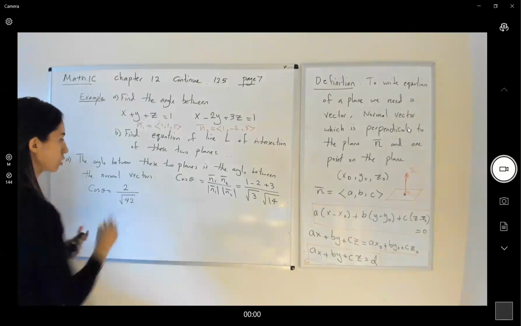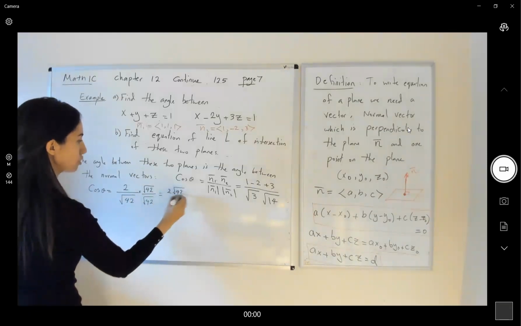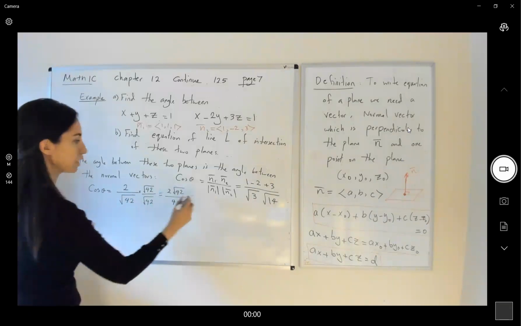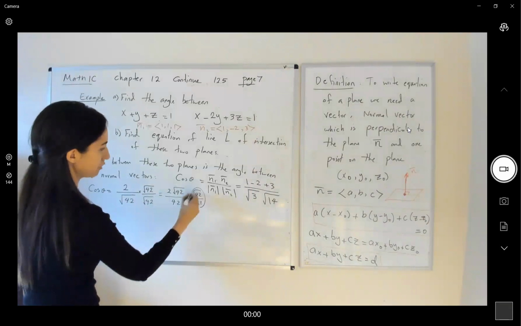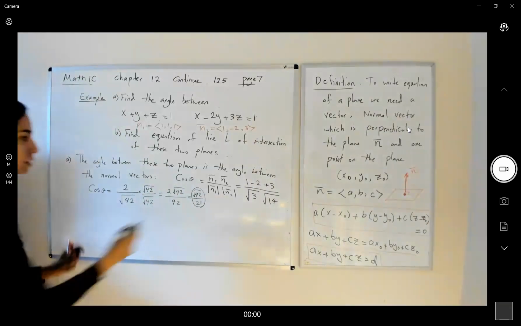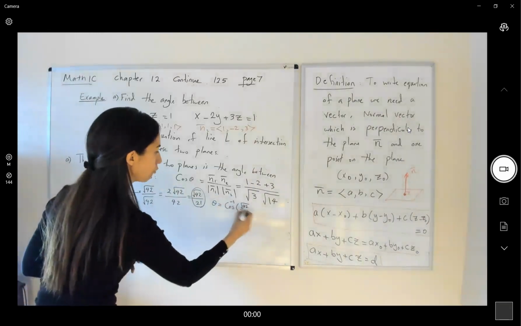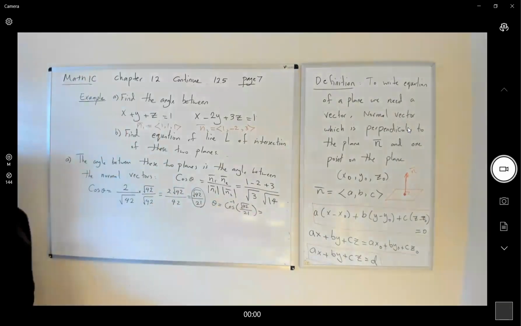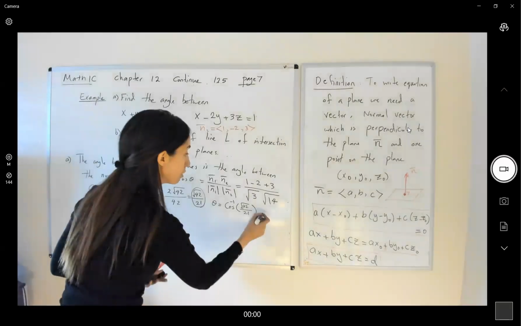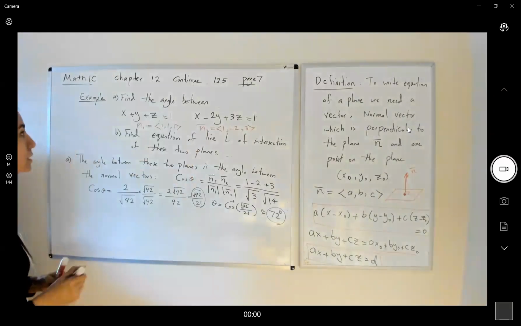You can rationalize this by multiplying both the numerator and the denominator by square root of 42. So 2 times square root of 42 divided by 42 can be simplified as square root of 42 divided by 21. So theta is equal to inverse cosine of square root of 42 divided by 21, which on the calculator is almost 72 degrees. This is the angle between these two planes.